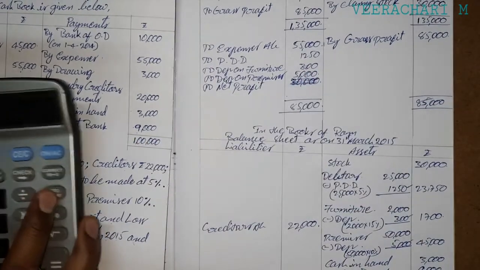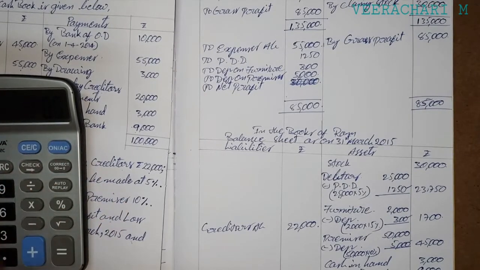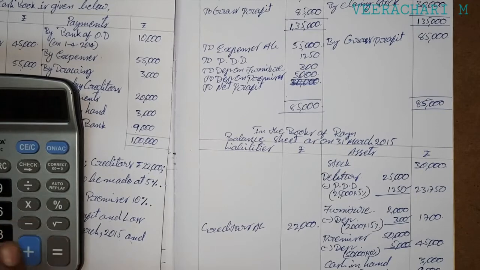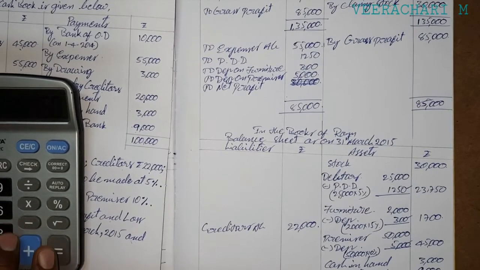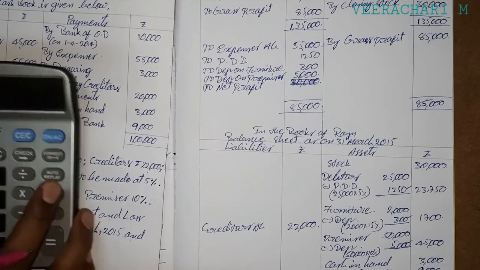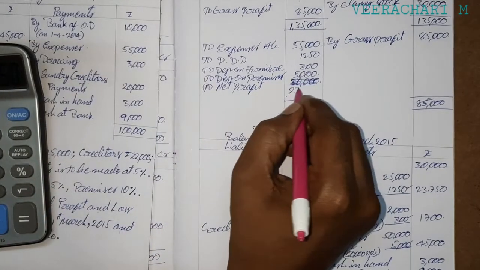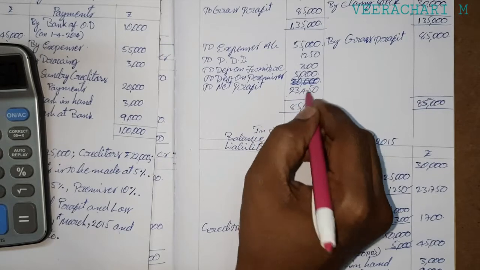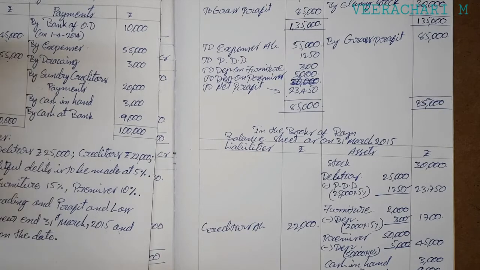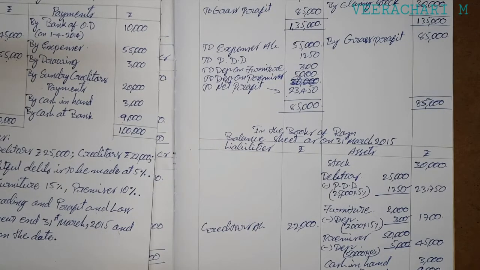Now you can compute the actual profit, that is 85,000 minus 55,000 minus 1250 minus 300 minus 5,000, which is equal to 23,450 is the net profit, after all these adjustments.